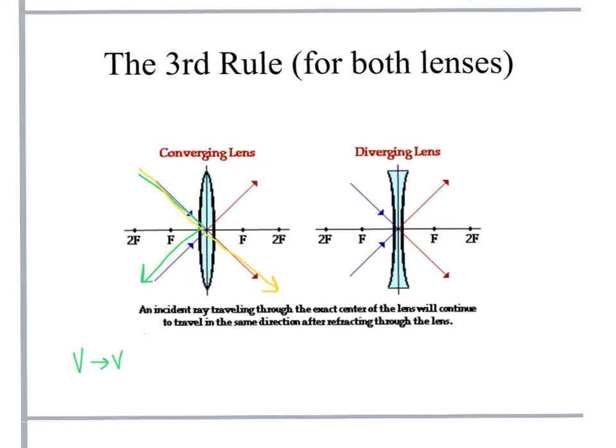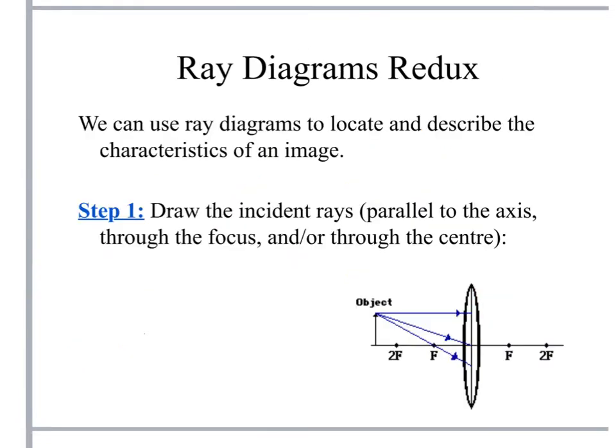It's that sweet spot where light is hitting that lens at that perfect angle where it goes straight through. So, step 1, draw our 3 incident rays. As you can see here, we have one parallel incident ray, we have one focal incident ray, and we have one vertex incident ray.